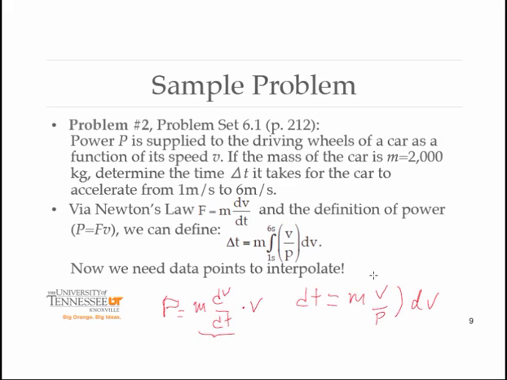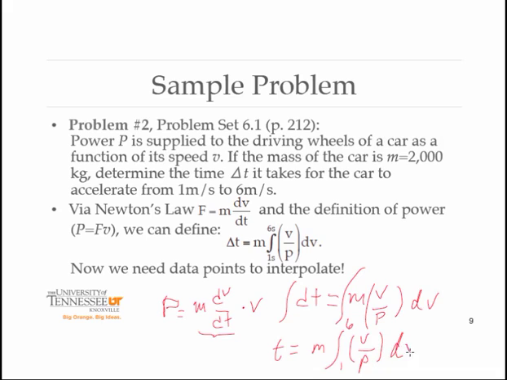Realizing that if those quantities are equal, then their integrals are equivalent, and integrating dt is just t, which we'll represent as delta t. What we really have is that to get the time to go from 1 to 6 meters per second, this is the definite integral from 1 to 6 of mass times v over p times dv.